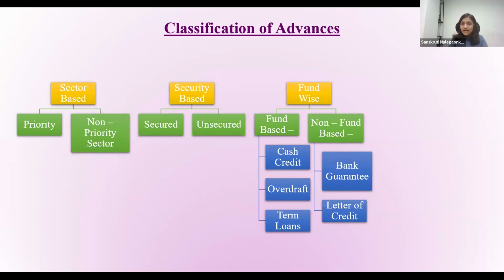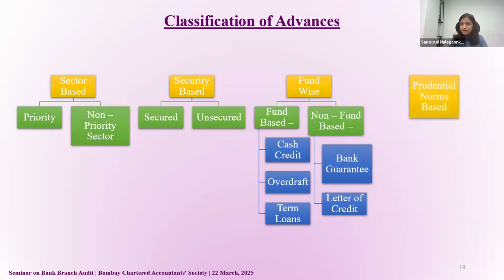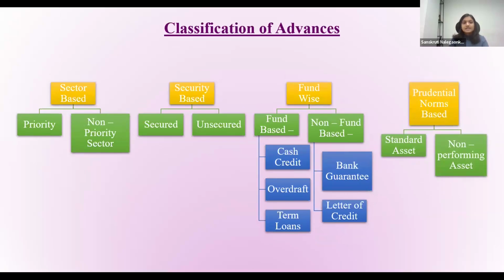Next, let's look at the classification based on prudential norms. Standard asset and NPA, non-performing asset. Standard assets are the loans where payments are made on time, and a non-performing asset is when a loan remains unpaid for more than 90 days, and it is classified as an NPA.